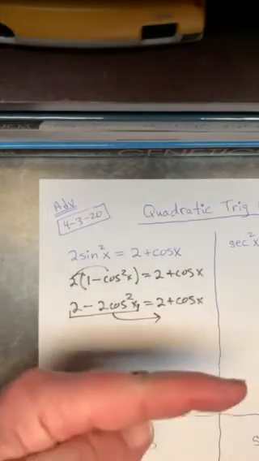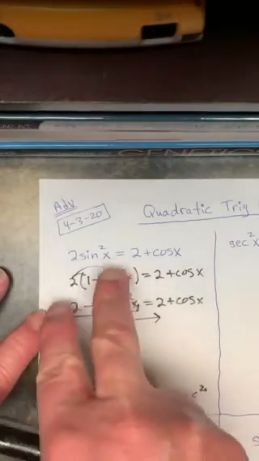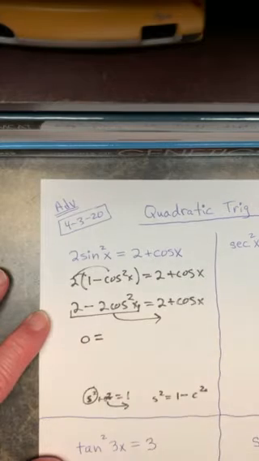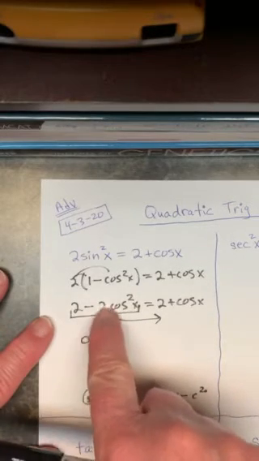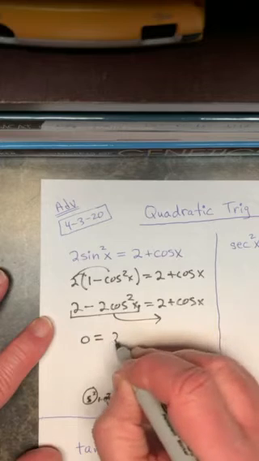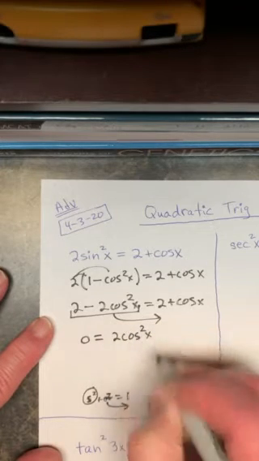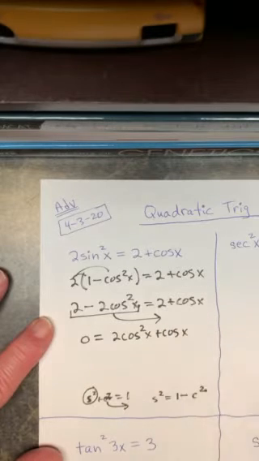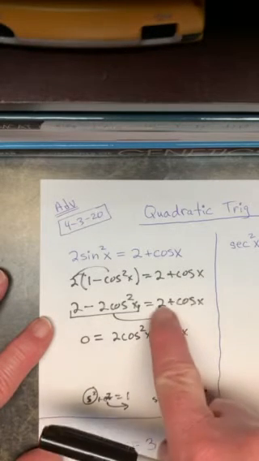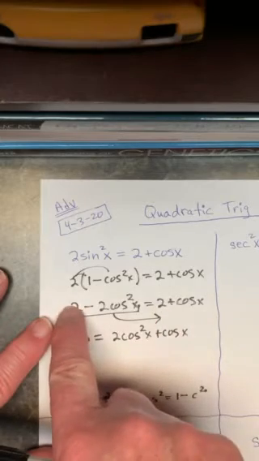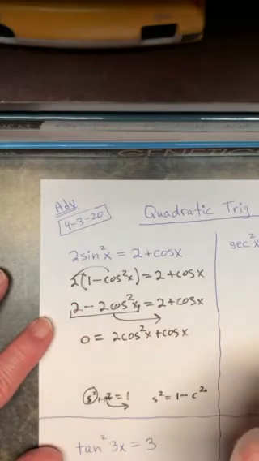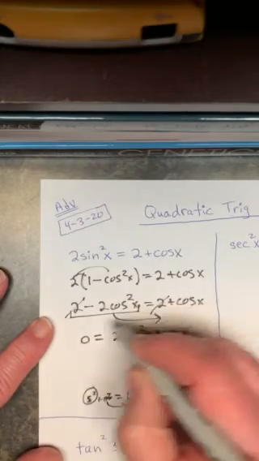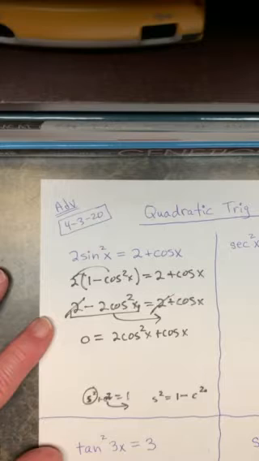So I've got 0 equals, and I'm going to add over the 2 cosine squared of x, and it'll now be on the right side. The plus cosine x was already over there. Now notice there was a 2. But aren't we going to subtract over the other 2 and move it over there? If that's a 2 and we minus over a 2, the 2's end up canceling and disappearing.